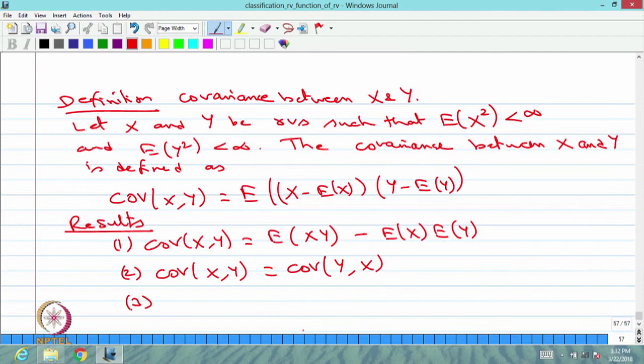Third result: suppose I compute the covariance of x with x itself. You replace y by x in the above definition. It becomes expectation of x minus expectation of x, times x minus expectation of x, which is the expectation of x minus expectation of x the whole square, and that is the variance of x.